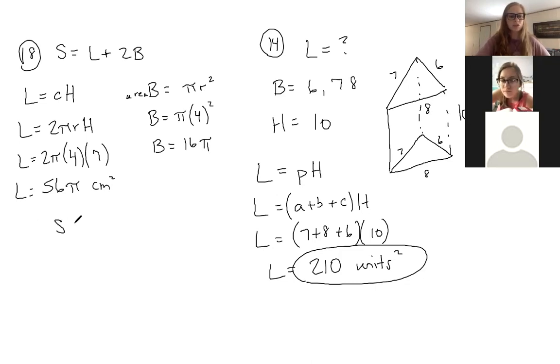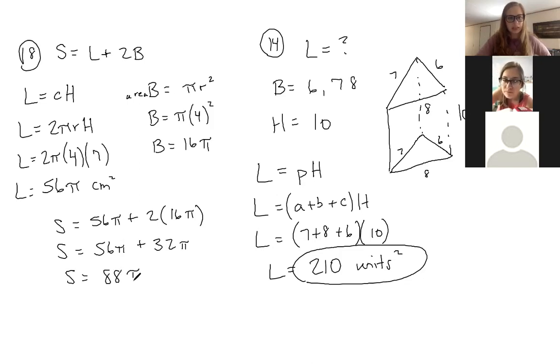Now let's put that into our surface area formula. 56 pi is my lateral surface area plus 2 times 16 pi, because we have 2 bases, top and bottom. Therefore, 56 pi plus 32 pi will get me a total surface area of 88 pi square centimeters.